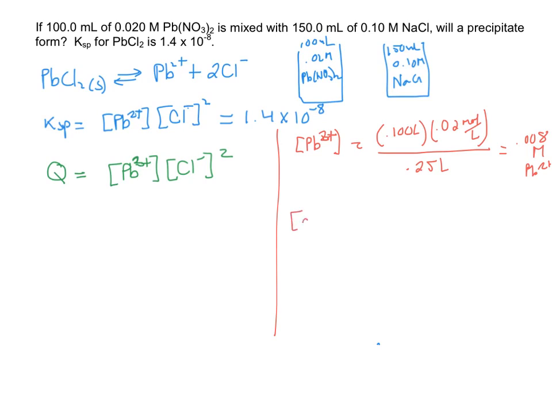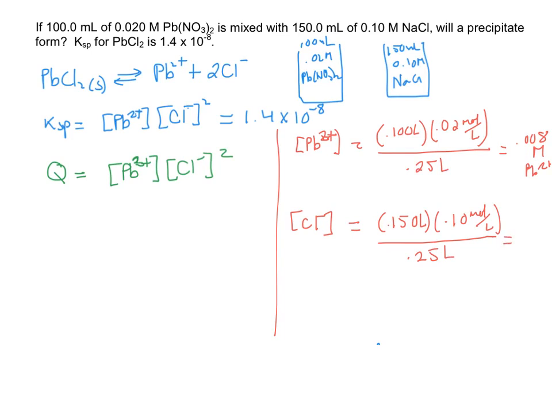Let's do the Cl- in the same way. So I have 150 mL, so that's 0.15 liters. It's 0.10 molar, so 0.10 moles per liter. Multiply those together, you get moles, and then divide by the total volume, 0.25 liters.